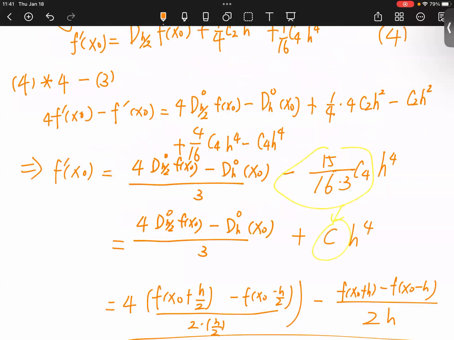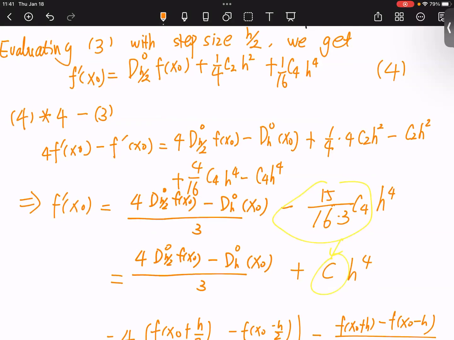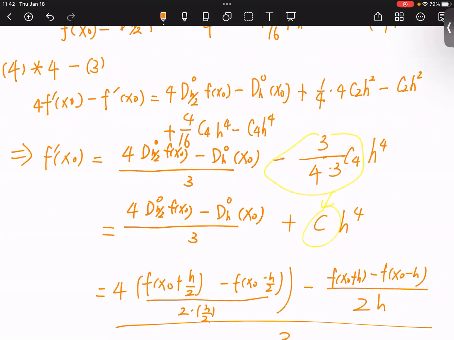And so here we should have -3, then 4. This should be 4/3, and then divided by the 3, and then it should be 4C4/4, and then divided by 3, and then this one should be C4 over, and this one should be C4/4, and then we replace it with a constant C. Yes, you're right.